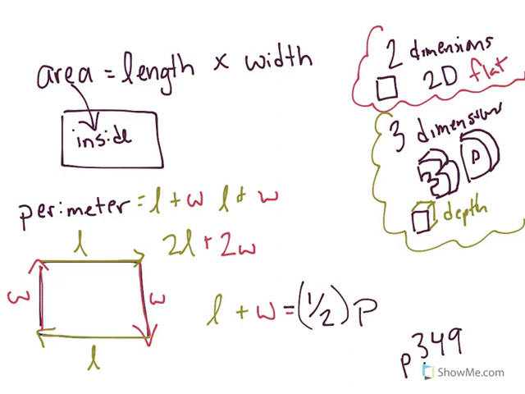The definition of area is the space inside of a shape, and to find it you need to multiply the length and the width. And sometimes length and width are referred to as dimensions, and because there are two of them, an area of a 2D shape is called a two-dimensional shape or a flat shape.